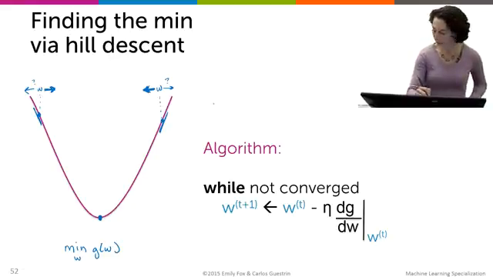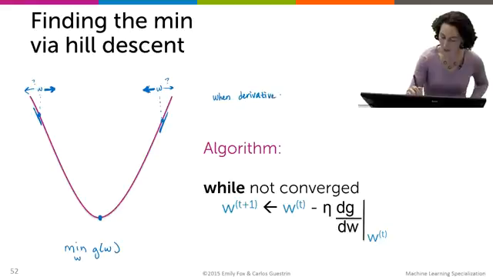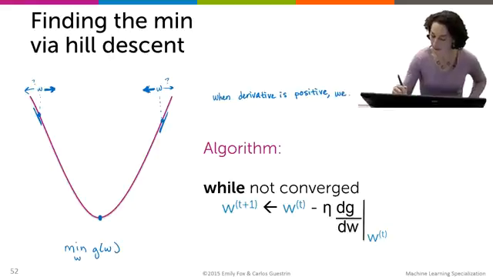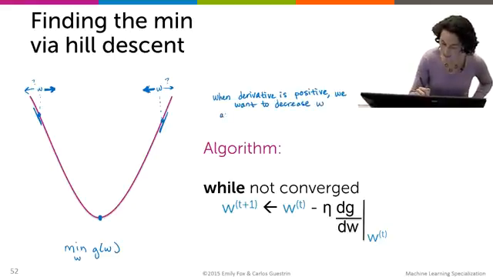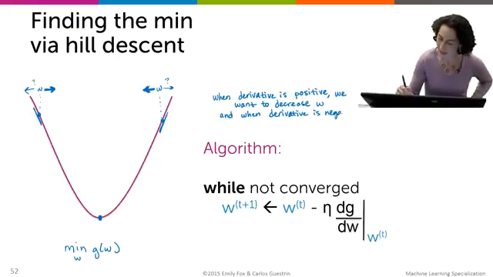So what we're saying is that when the derivative is positive, we want to decrease w, and when the derivative is negative, we want to increase w.